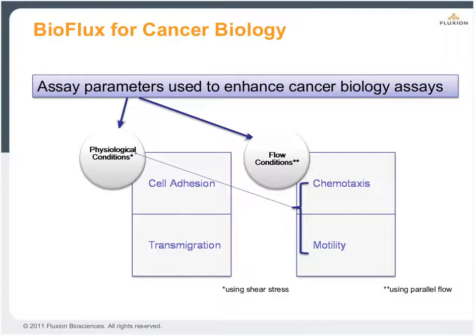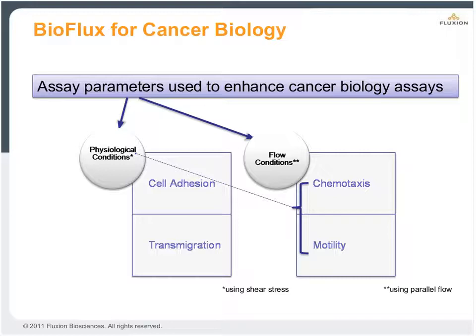And then we think about dynamic events like the actual process of a cell sensing a chemokine and moving actively towards a target space, something that you normally look at in a Boyden chamber, and we can use flow plus or minus shear to study these events.